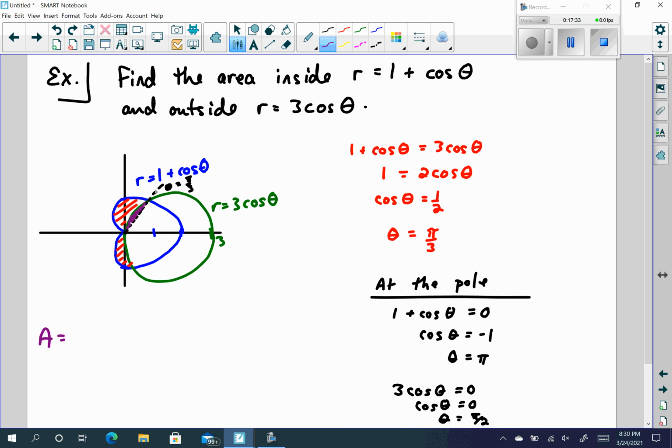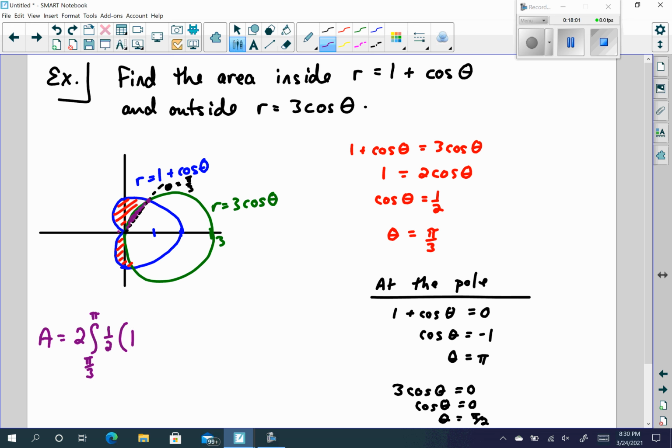So the first integral, and again I'm going to exploit the symmetry here, we're going to have 2 times the integral from pi over 3 to pi of 1/2. So if I'm looking at the cardioid, we're going from pi over 3 all the way over to pi. So that's what's going to take what we have in blue right here from their point of intersection. And we're doubling it because we'll have the same area down here.